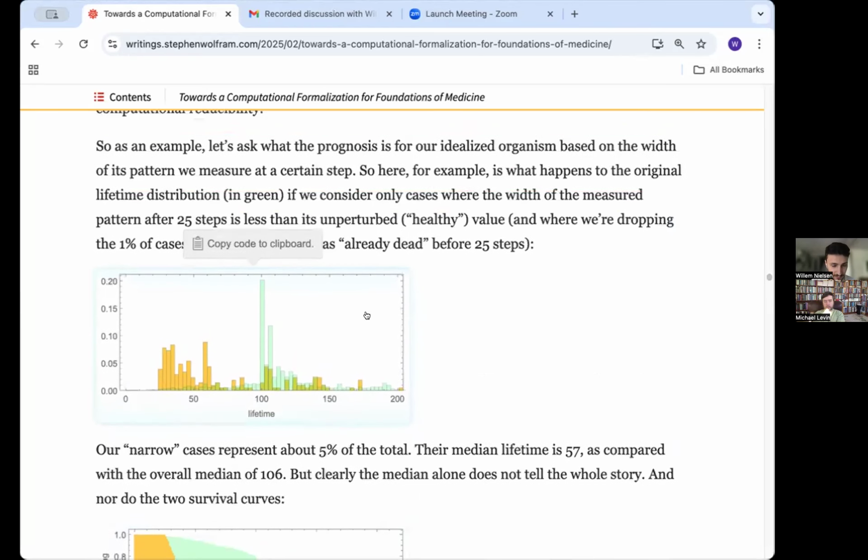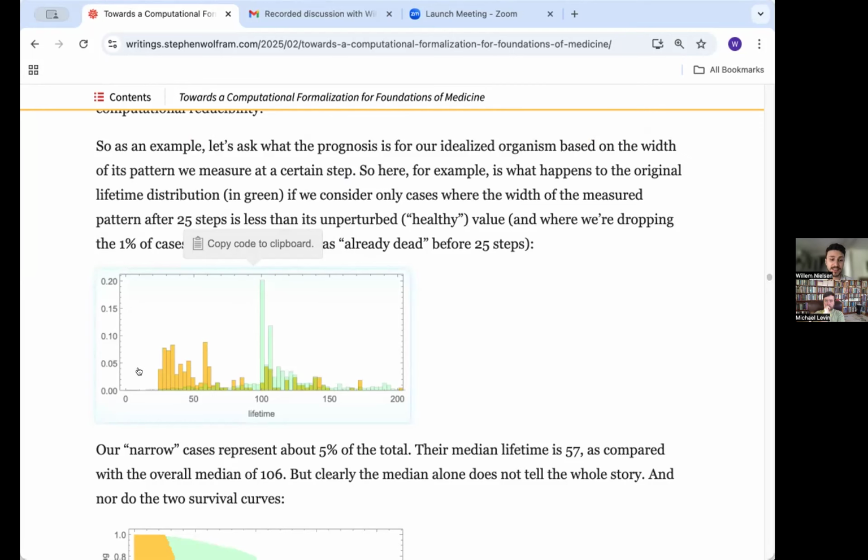Here the green is the normal disease histogram. Those are all the lifetimes if you perturb that automaton. And then the yellow one is what happens when a doctor does a test and sees that something's wrong, which in this case we're using the width of the automaton.